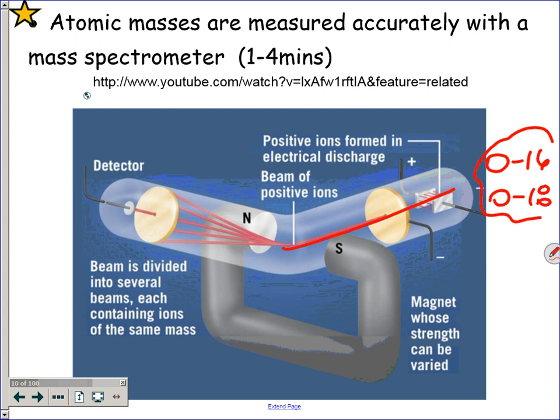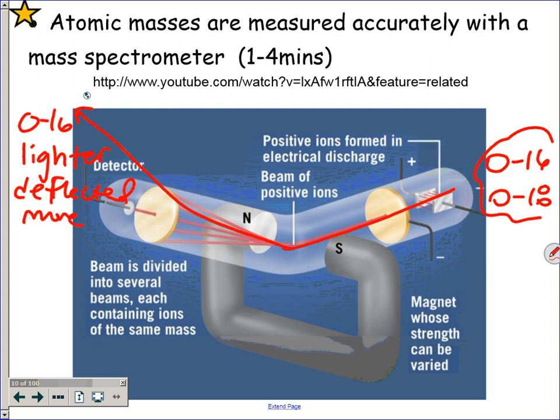Why? Because it's lighter. Lighter things can be deflected more. So this path of 16 would go way up here. It would be detected on the detector higher up. It counts how many times the isotope 16 hits. Because it's lighter, it's deflected more.